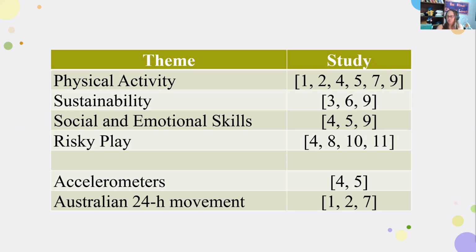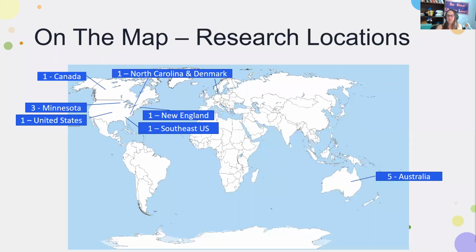And as mentioned before, I showed the locations. Here's a map where you can see where the research takes place. The majority were in Australia with 5, and then we had Minnesota with 3. Some of the articles didn't say exactly where in the United States. If you look at the ones that were in the United States, there were 7 of them, where one had North Carolina and Denmark as part of their research, and then the one in Canada.